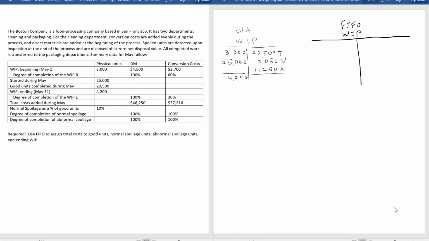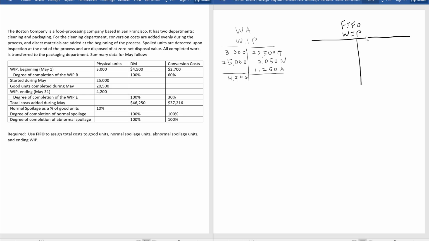We have already determined in the weighted average illustration that normal spoilage units are 2,050 and abnormal spoilage units are 1,250. FIFO assumes that units started early will be completed in production first.